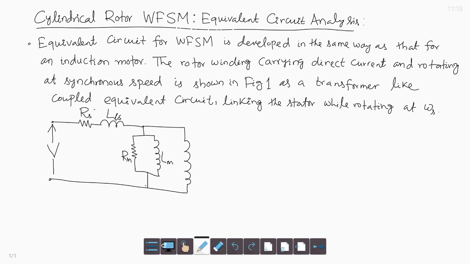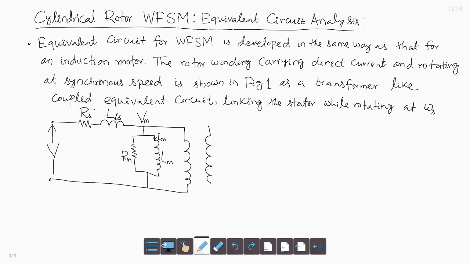Just like induction motor, Rm represents the core loss and Lm represents the magnetizing inductance and the stator reaction. So, this voltage is Vm across the branch, and this is the stator side.